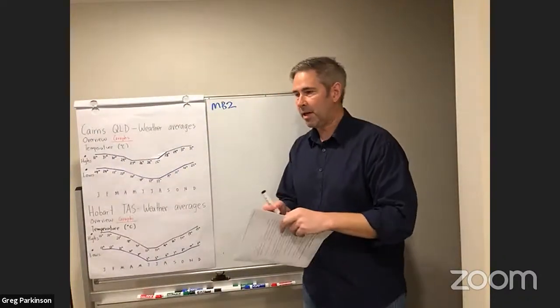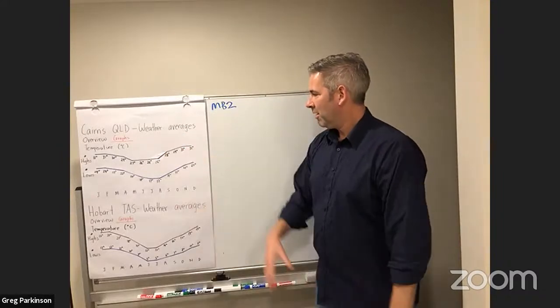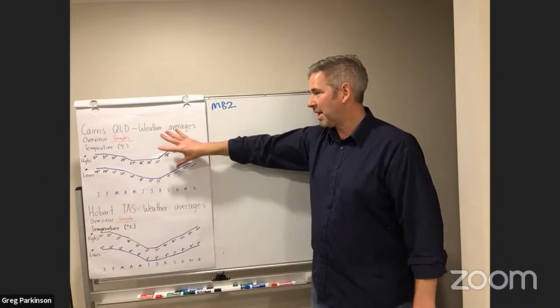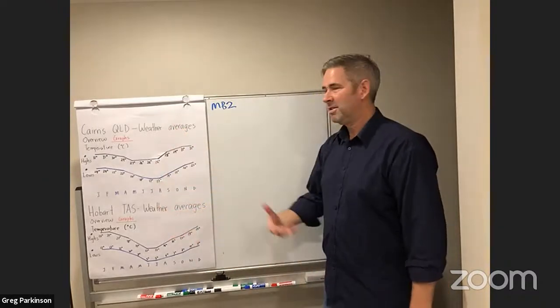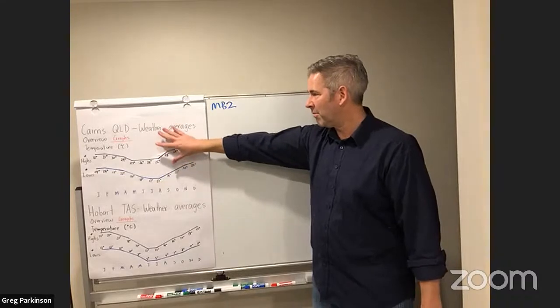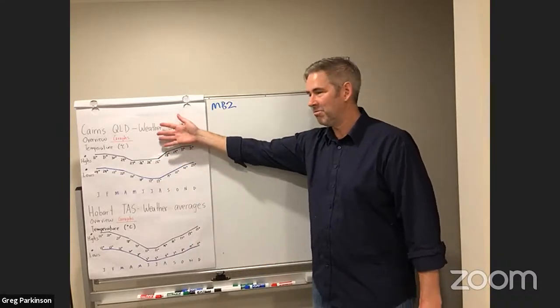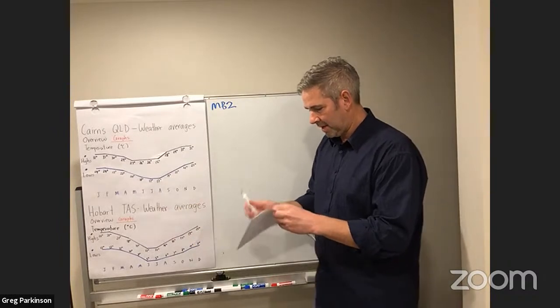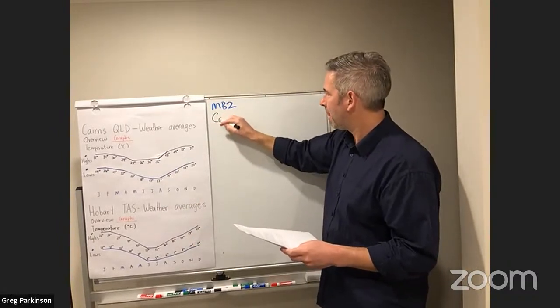So I'm going to start off by talking about Cairns. Now, you've probably noticed that I start off with Cairns, then mention Hobart. To me, that's just obvious because on the graphs, Cairns is at the top and Hobart's at the bottom. So what I do is I start off talking about Cairns.